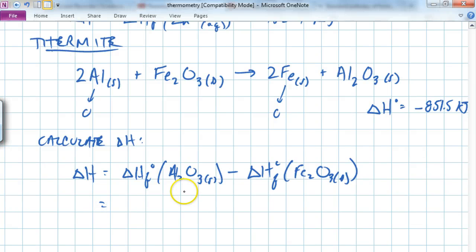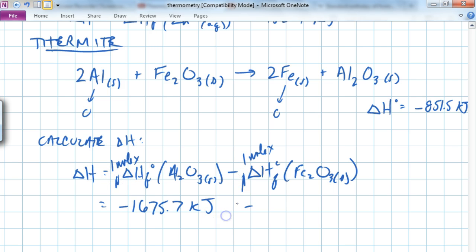I'm going to look up the heat of formation of aluminum oxide, which is negative 1675.7. And we have a mole of each, so I should have written in the moles. Sorry about that.